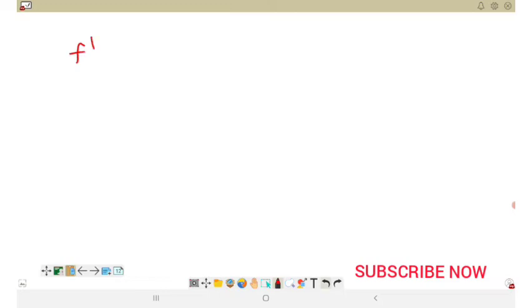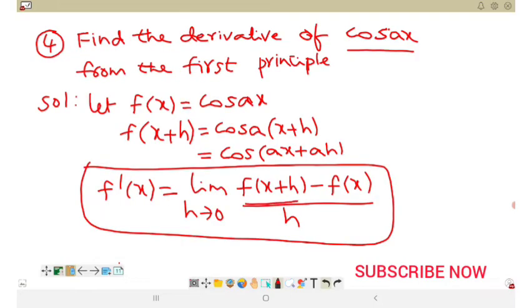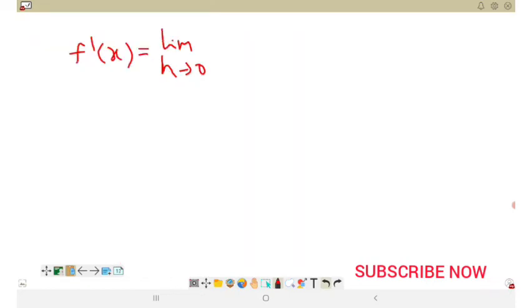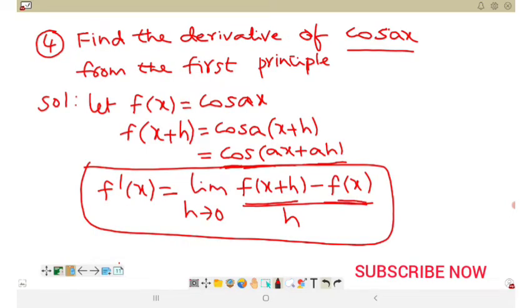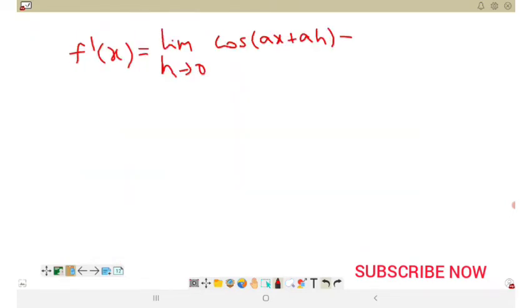F dash of x equals limit h tends to 0, f of x plus h is cos of ax plus ah, minus f of x equals cos ax, by h.